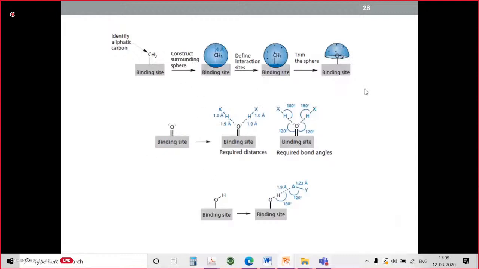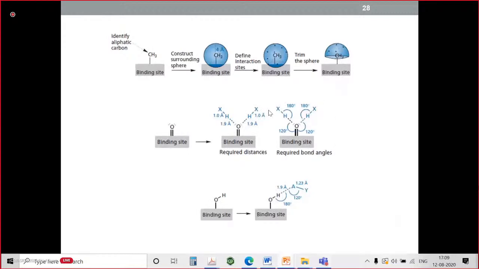Similarly, as these are non-directional interactions, like van der Waals or hydrophobic interactions, there is no need to specify the directions. But in the case of the hydrogen bond donor as well as hydrogen bond acceptor, as these are directional bonds forming the hydrogen bond, we need to define the directions.